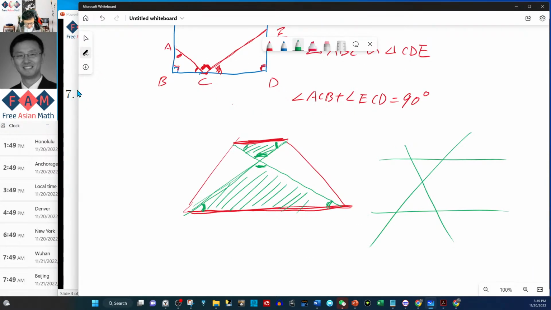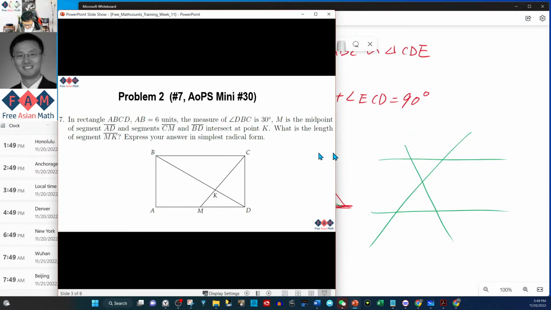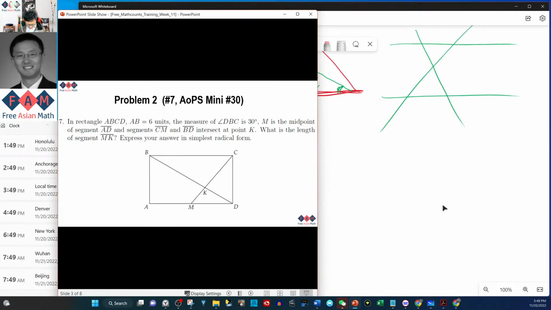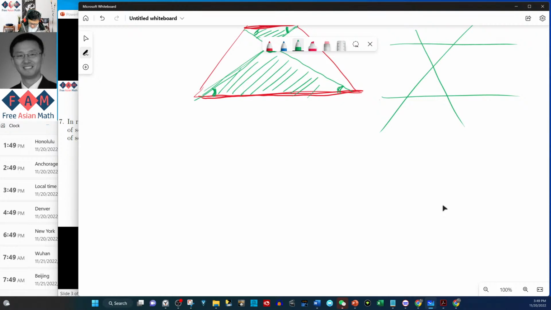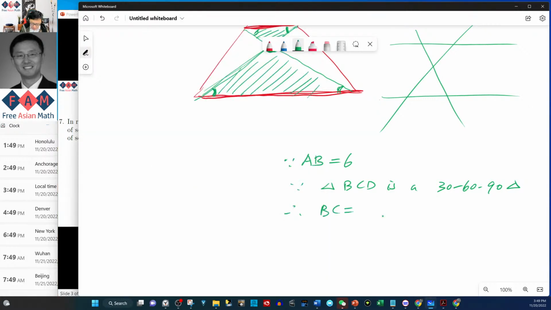Okay? To make it clear, we just want to quickly write down something here. Because AB equals 6, and triangle BCD is a 30, 60, 90 triangle, we get this longer side, BC, equals 6 times square root of 3.